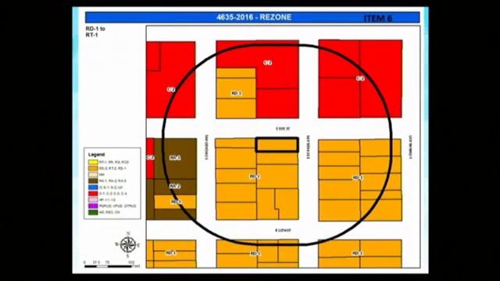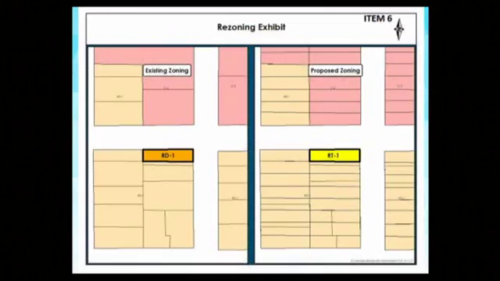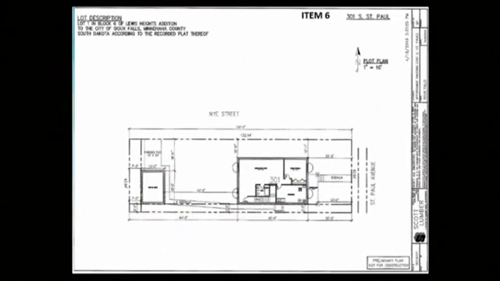Item number 6, 4635 2016 rezone from the RD1 Twin Home Duplex Residential Suburban District to the RT1 Single Family Residential Traditional District for allowed forms located at 301 South St. Paul Avenue.